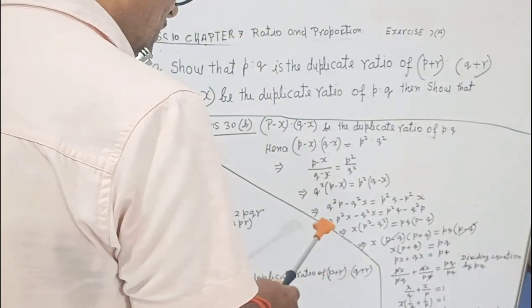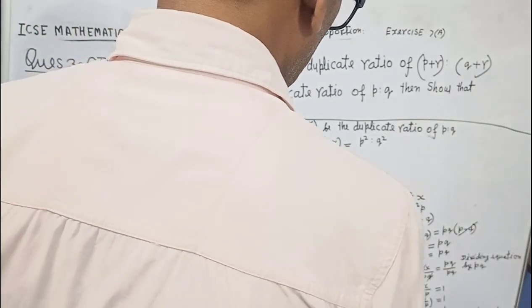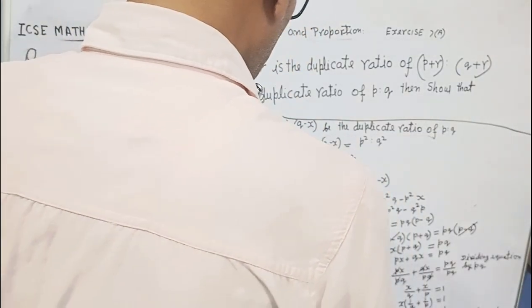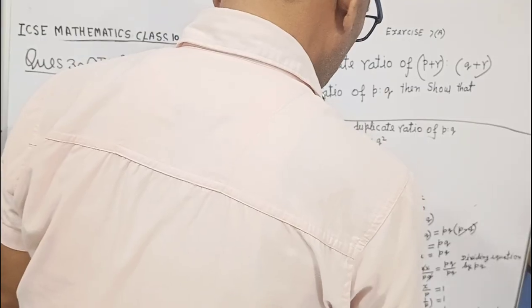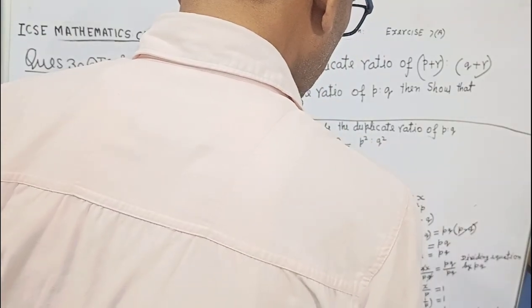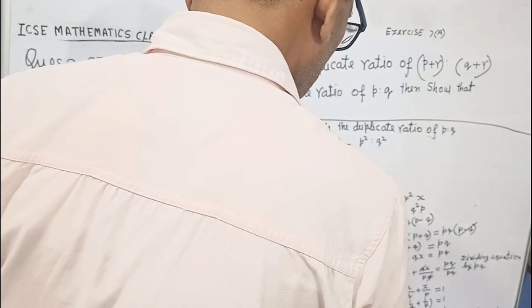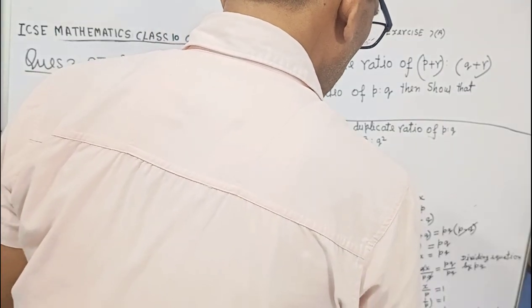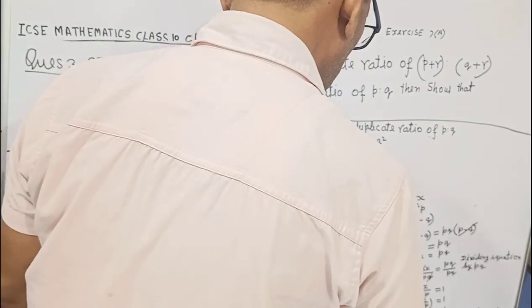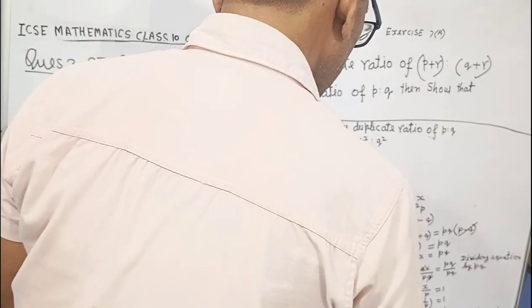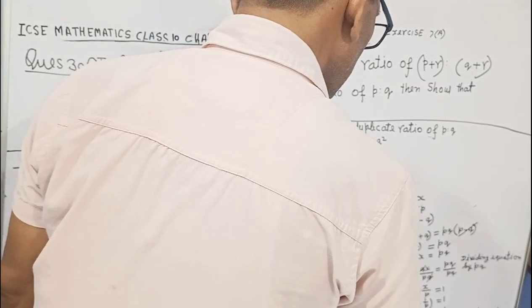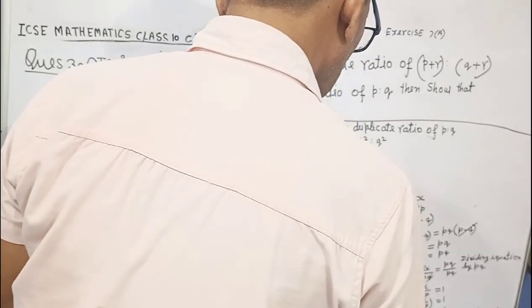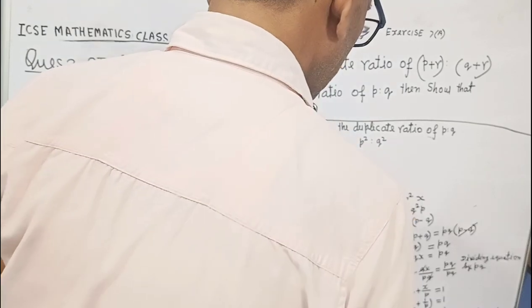By cross multiplication, Q square into P minus X is equal to P square into Q minus X. Q square P minus Q square X is equal to P square Q minus P square X. P square X transferred to the left is positive, and Q square P transferred is minus.